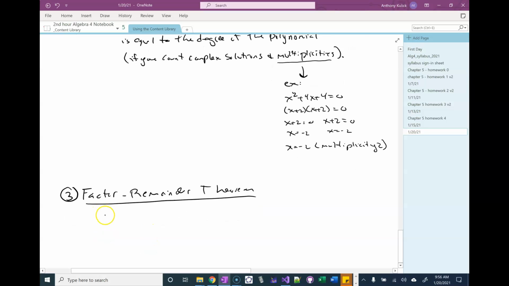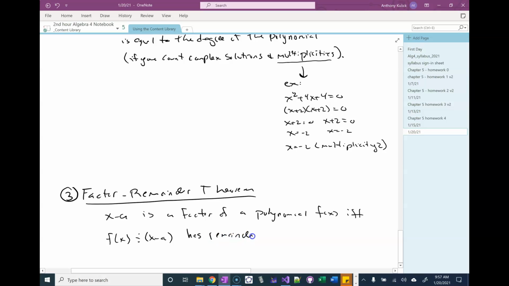It says that x minus a is a factor of the polynomial f of x if and only if f of x divided by x minus a has remainder 0.